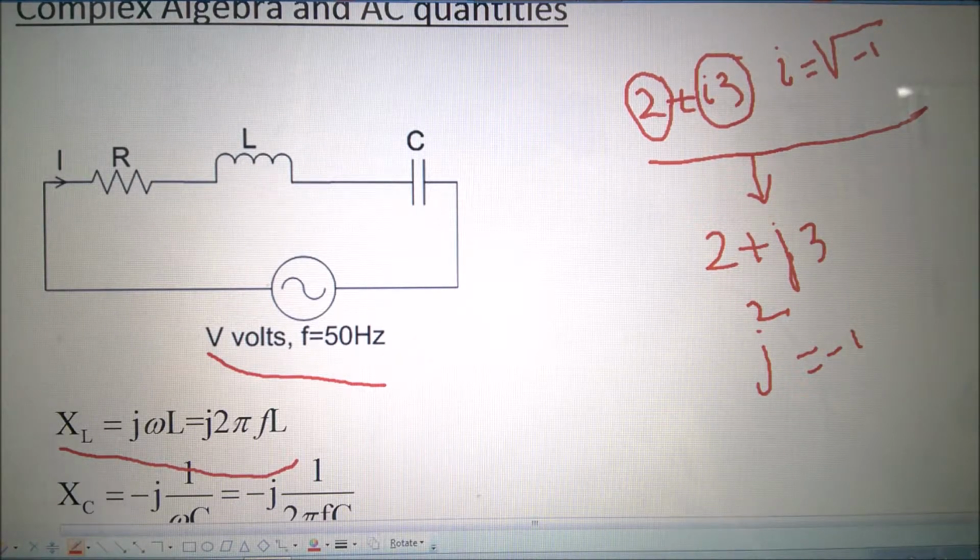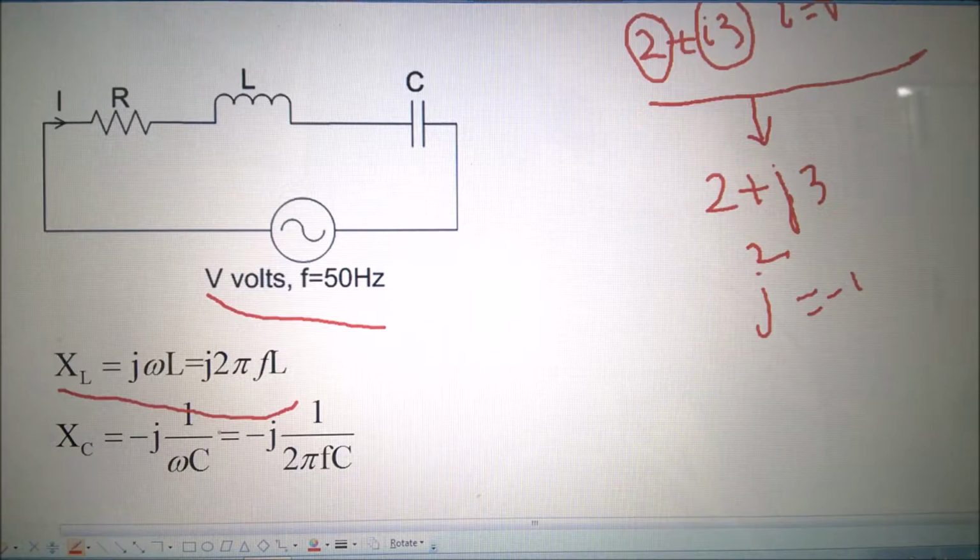Only thing is that in this case we'll put a j before, which means it is the imaginary part of the impedance. Similarly, in case of a capacitive reactance, we'll put minus j before, and we can find 1 by omega C with this expression. Therefore, again I repeat, for inductive reactance it is plus j, and for capacitive reactance it is minus j.